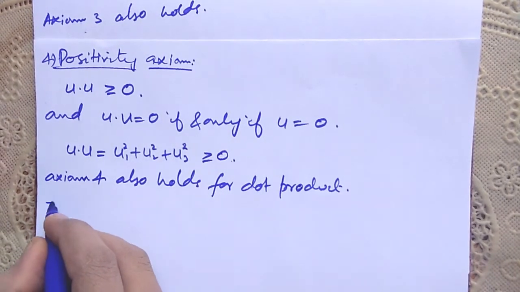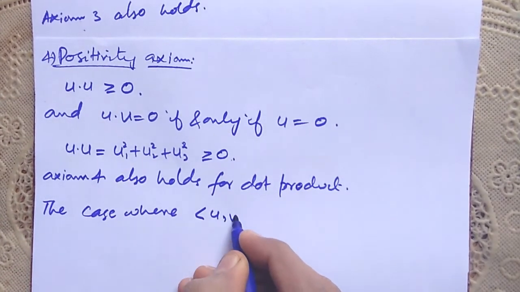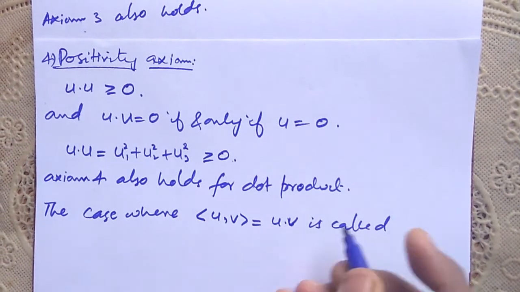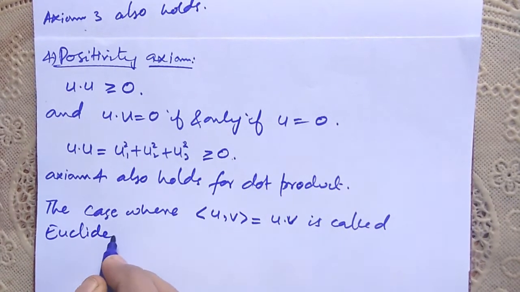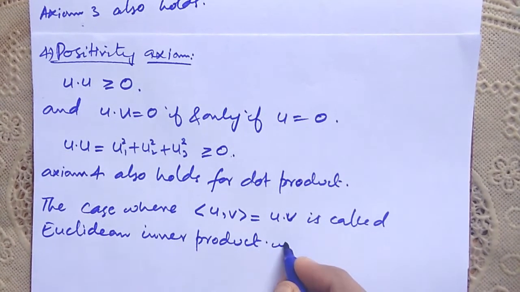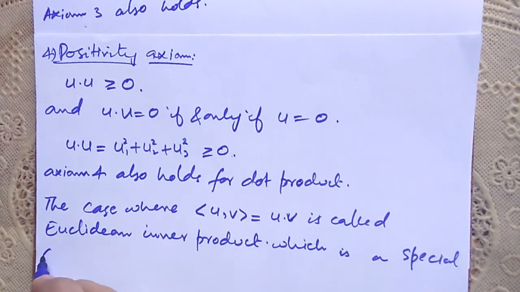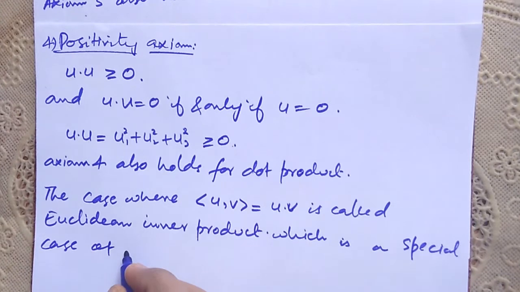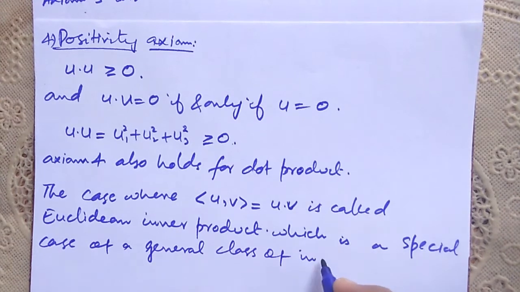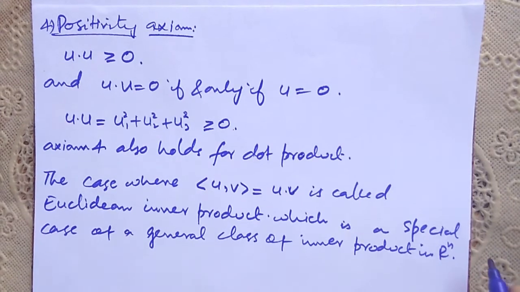You can write the case where product of u and v is equal to u dot v is called Euclidean inner product, which is a special case of a general class of inner product in Rn, right?